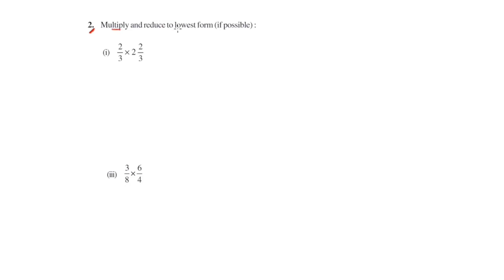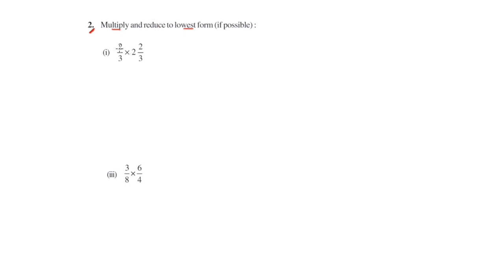Question number 2 says: multiply and reduce to lowest form, if it is possible. If you see both parts of the fraction, the first part is given as a proper fraction, but the second part is given as a mixed fraction. So first of all, we will convert the mixed fraction into an improper fraction.